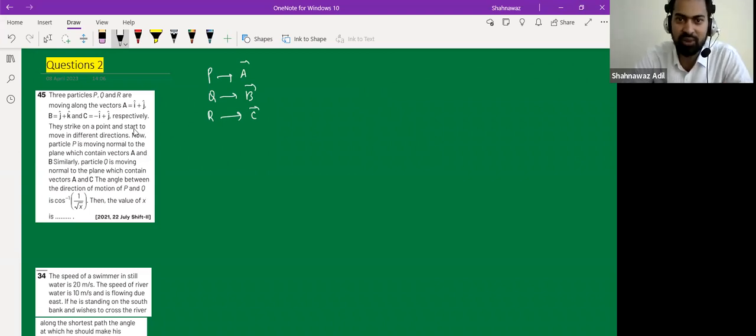So they come close and they strike, they collide, and they go different directions. Now particle P is moving normal to the plane which contains vector A and B, right? So normal to this and this. So what will we take? What will be the vector which is normal to A vector and B vector?